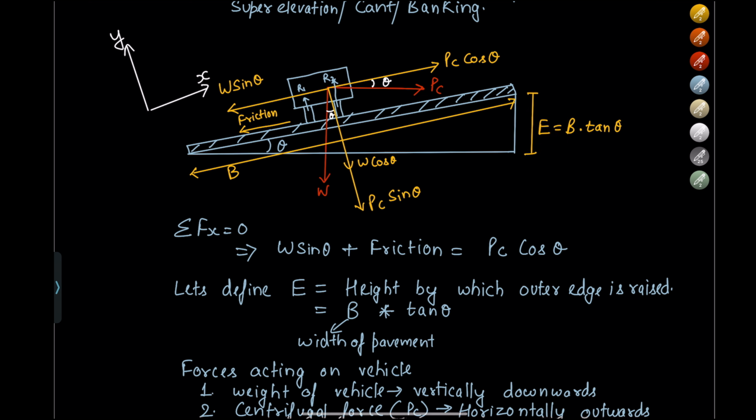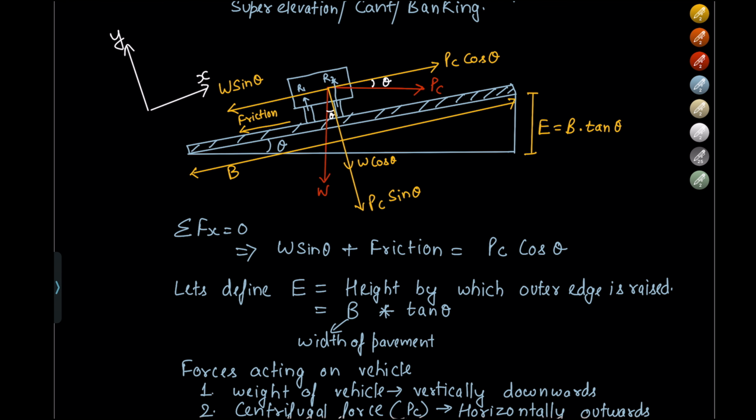So let's first of all define this. It is the height by which the outer edge is raised. So the outer edge is raised by a value of capital E, which would be equal to this. B represents the width of the pavement. Theta represents the angle by which the pavement has been rotated, and the height is given by B tan theta.